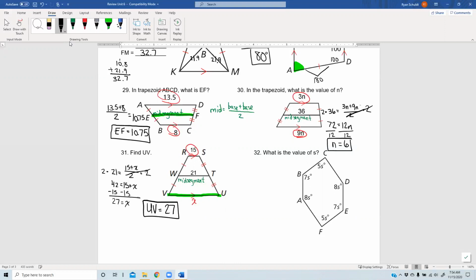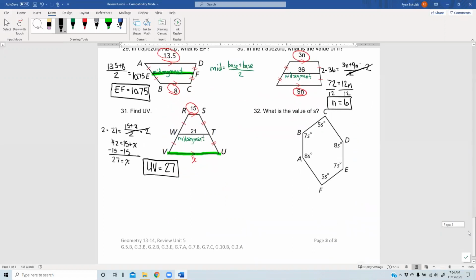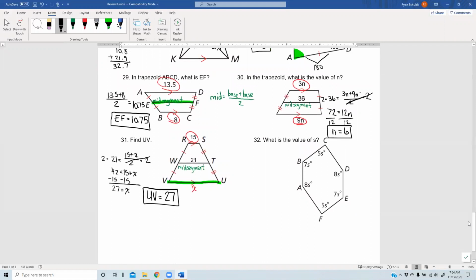And the last one, we are almost done. What is the value of S? Well, what kind of shape do I have here? How many sides? 1, 2, 3, 4, 5, 6.